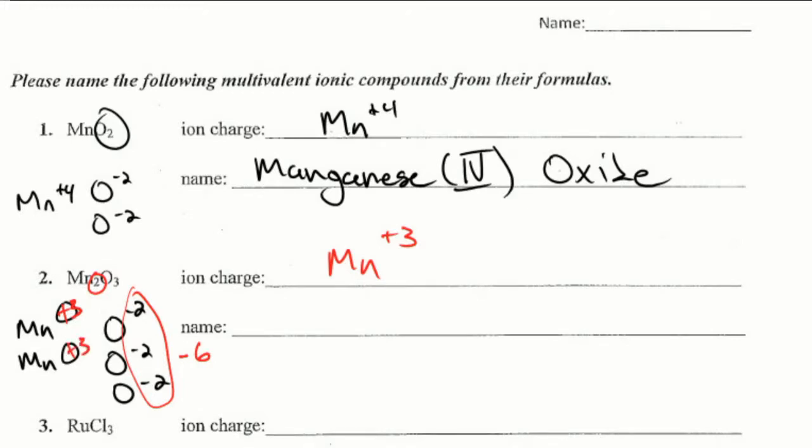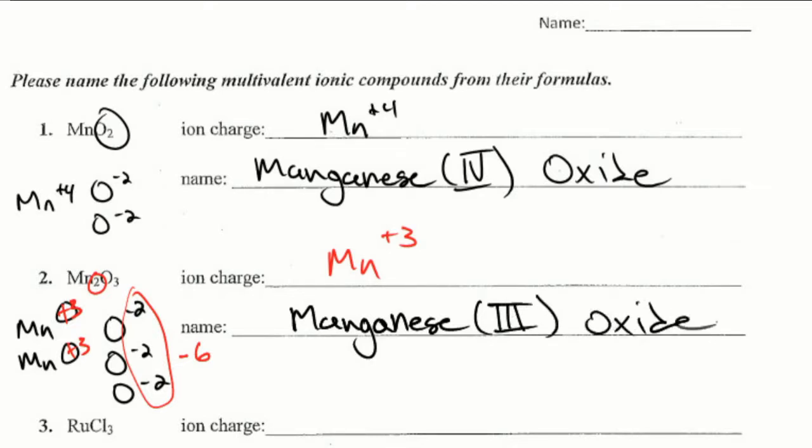If they weren't +3s, it wouldn't balance out, or I would end up with extra positive or not enough positives. When I name this guy, it is manganese. In this case, I've decided that it has a charge of 3. And there you go.